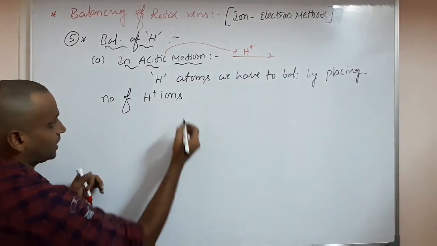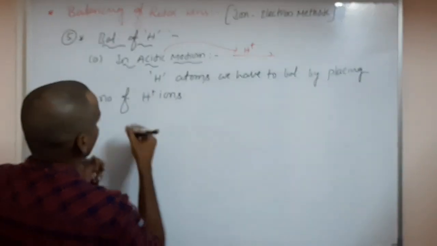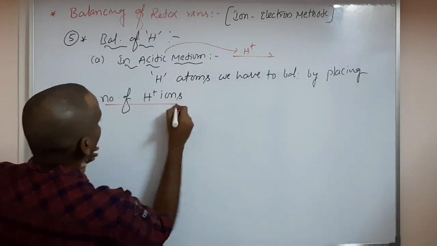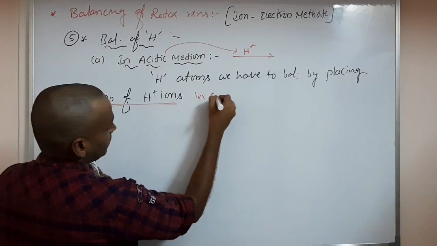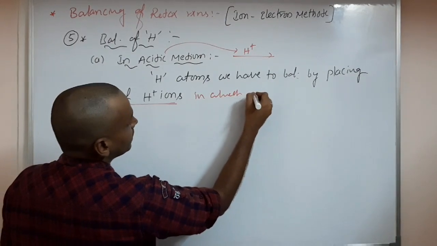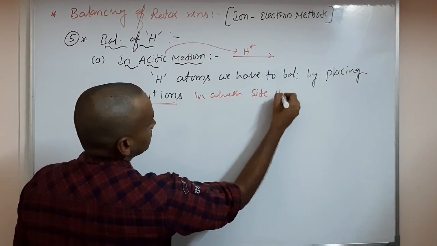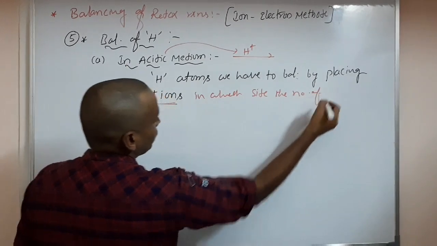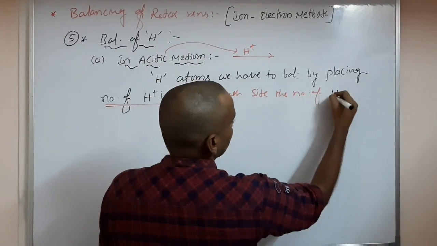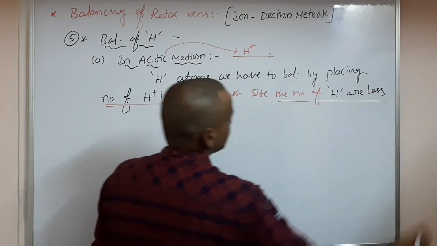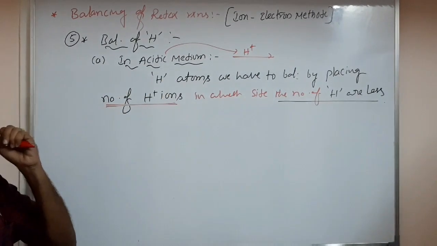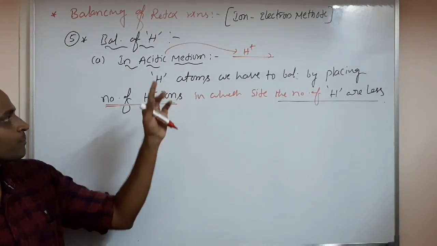Which side will we place them? We will place the H plus ions on the side where the number of hydrogens is less. This you have to do. Very, very important. Please remember what I have written.